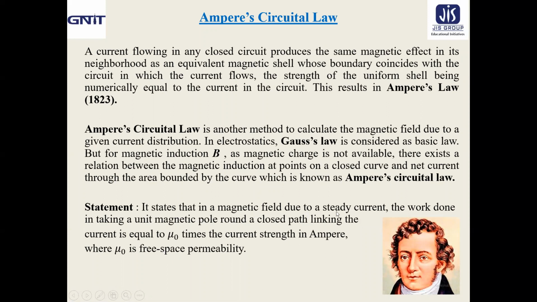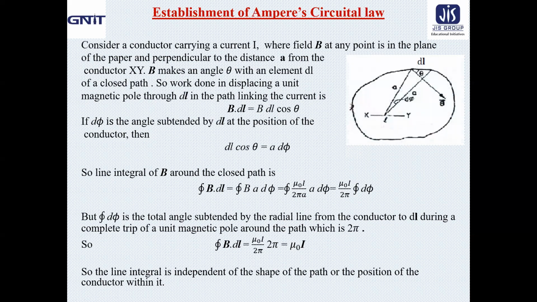That in a magnetic field due to a steady current, the work done in taking a unit magnetic pole round a closed path linking the current is equal to mu naught times the current strength in ampere, where mu naught is the free space permeability. So we got the same statement in the form of this mathematical expression, which is the well known Ampere's circuital law.